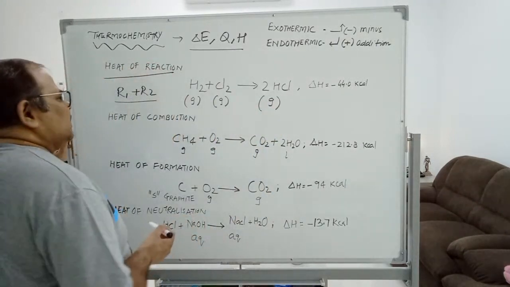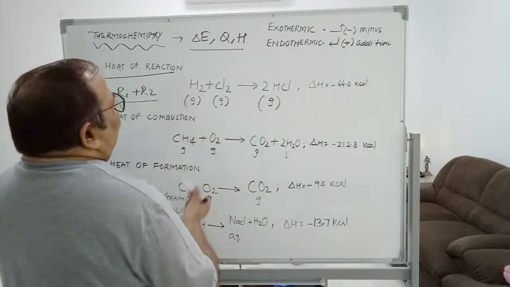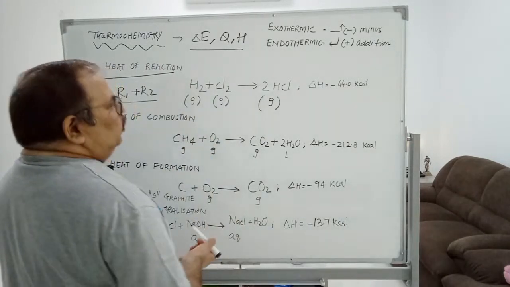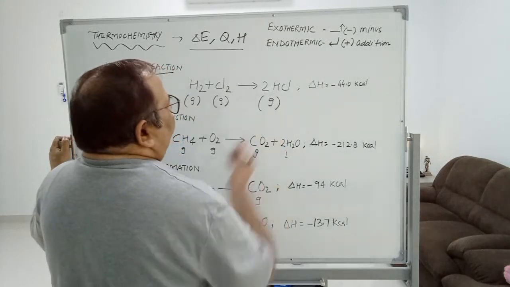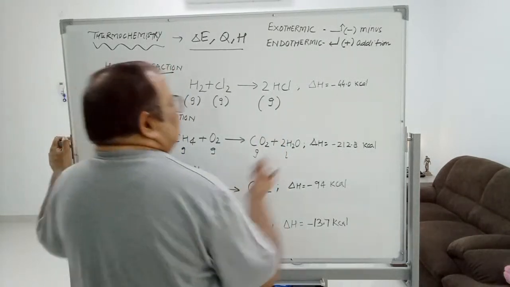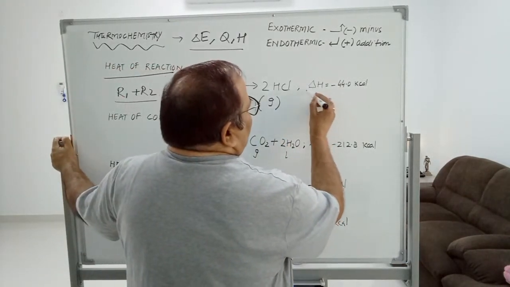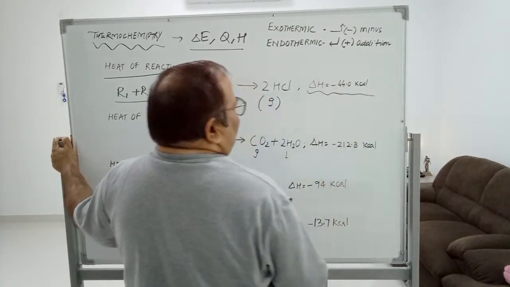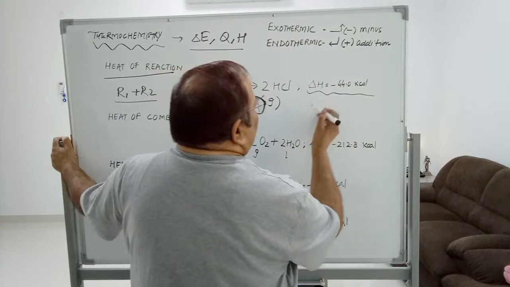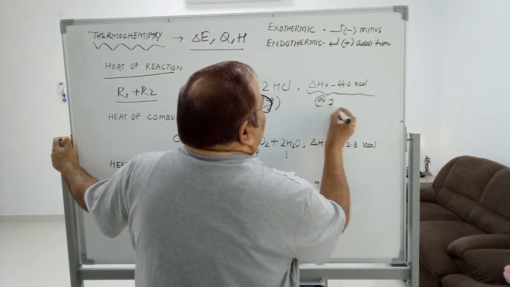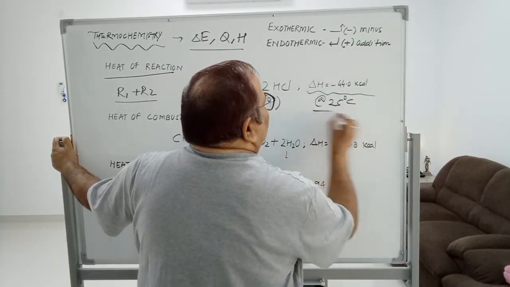Means you can consider here that 1 mole of hydrogen reacts with 1 mole of chlorine, forming hydrogen chloride gas. Heat liberates here, that is minus 44, which means this is an exothermic reaction, showing heat liberation, and this is at 25 degree centigrade.